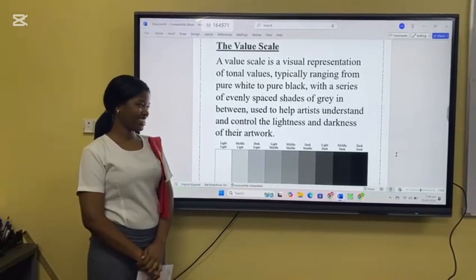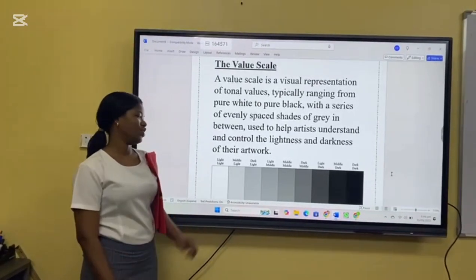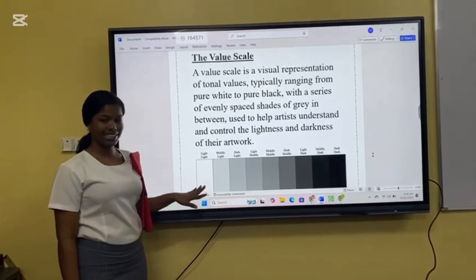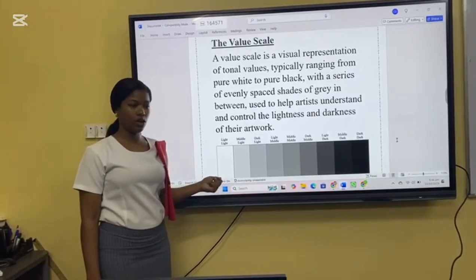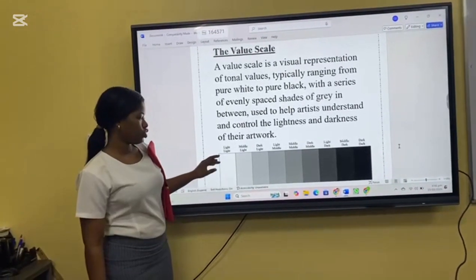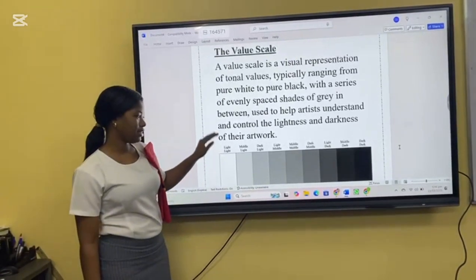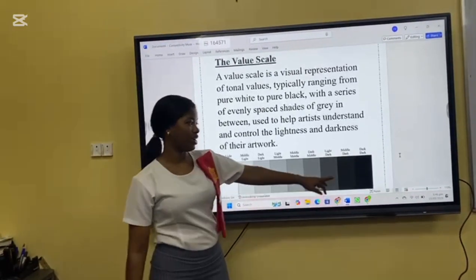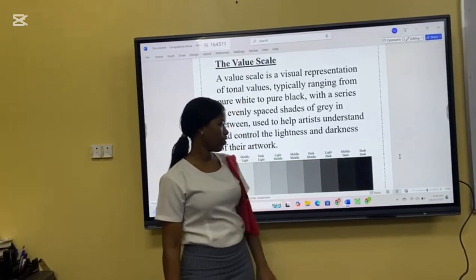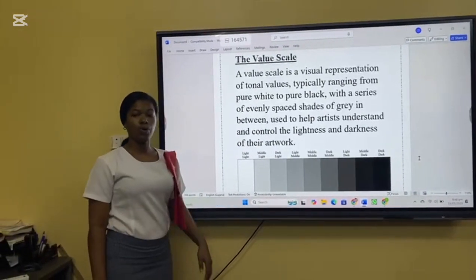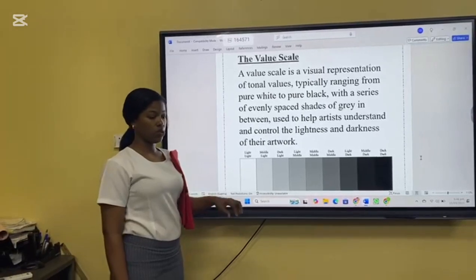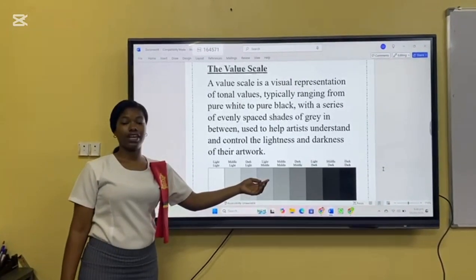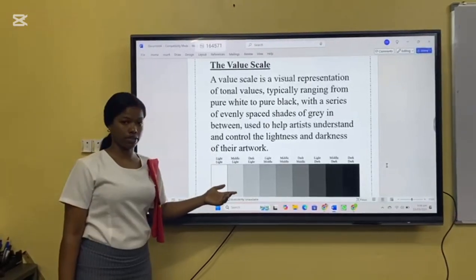Miss, the first one to your side. Oh, yes. Here, as you can see, is the lightest light, meaning the lightest on the object, right? So here we have our lightest light, and then we have some middle tones, and then we have our darkest dark, right? Now, we'll get to see how this value scale is transformed onto an object.